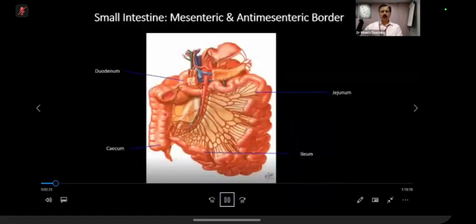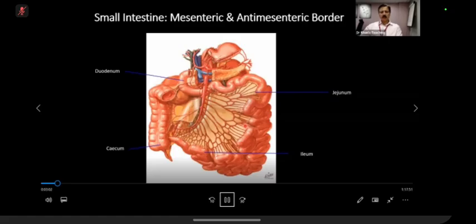Also remember the concept of mesenteric border as well as anti-mesenteric border. So mesenteric border is of course to the side of the mesentery, and the other one is anti-mesenteric border. Most of the pathologies happen at the mesenteric border. Anti-mesenteric border, remember Meckel's diverticula. That is important for the exam.